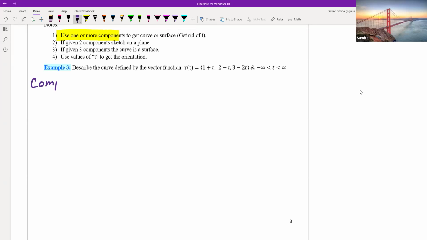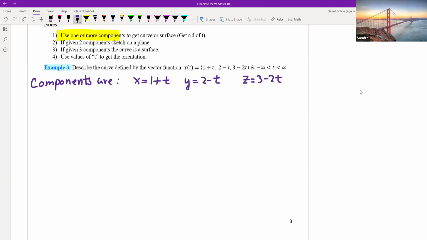So in this case, my components are x equals 1 plus t, y equals 2 minus t, and z equals 3 minus 2t. And I can see that none of them have been raised to any power.